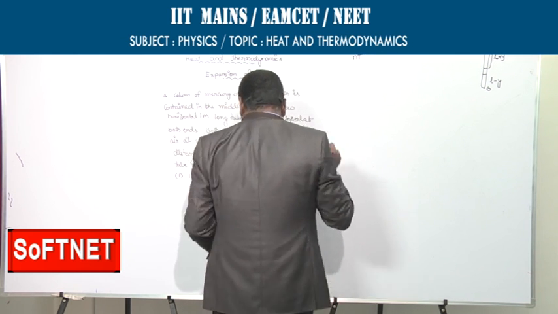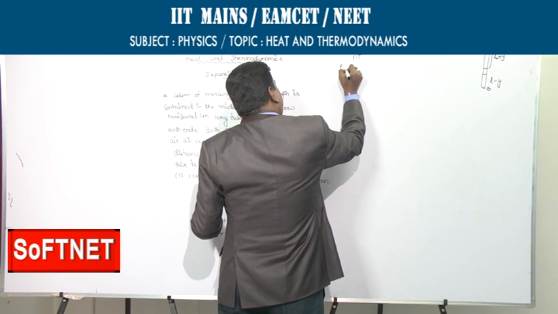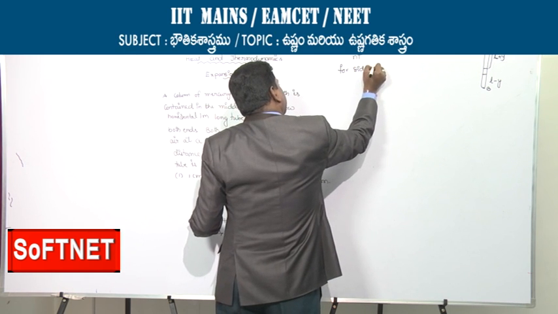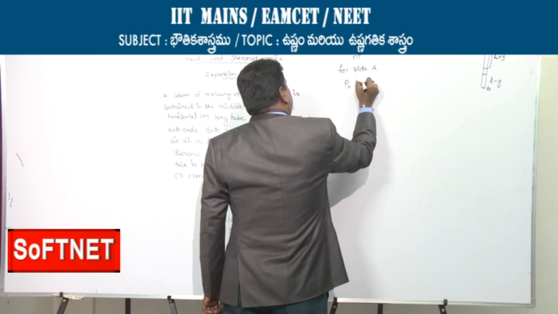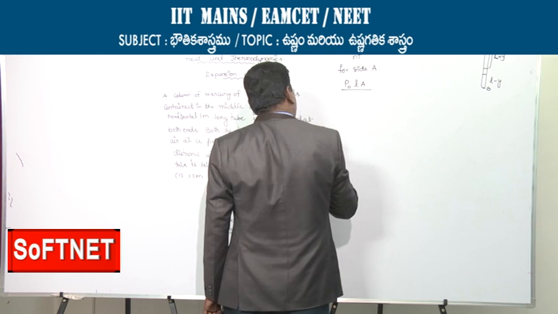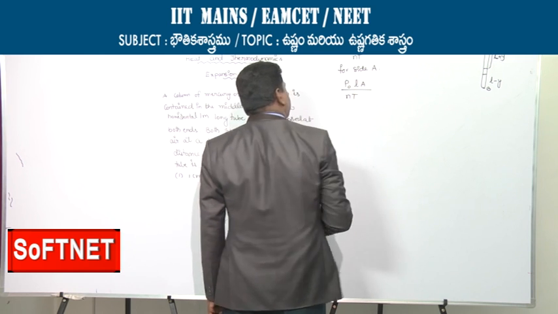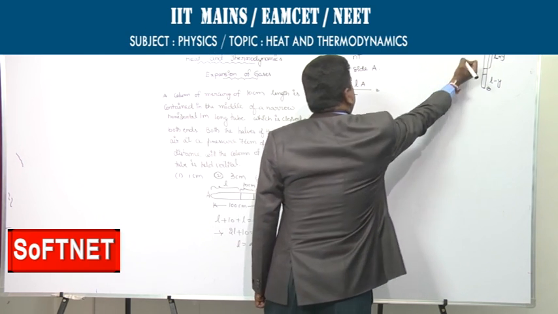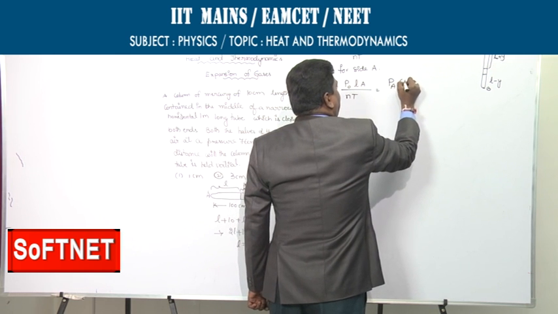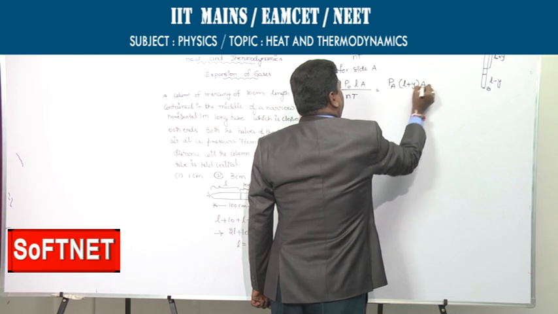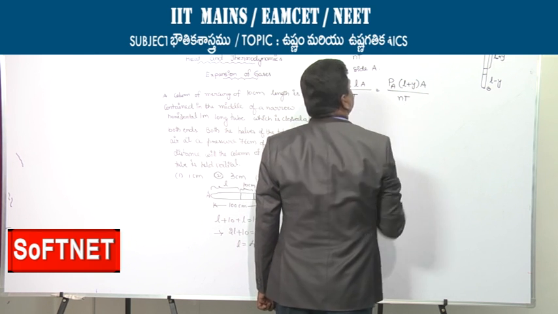According to this, for side A, what we have is P naught into L into A by nT is equals to PA into L plus Y into A by nT.